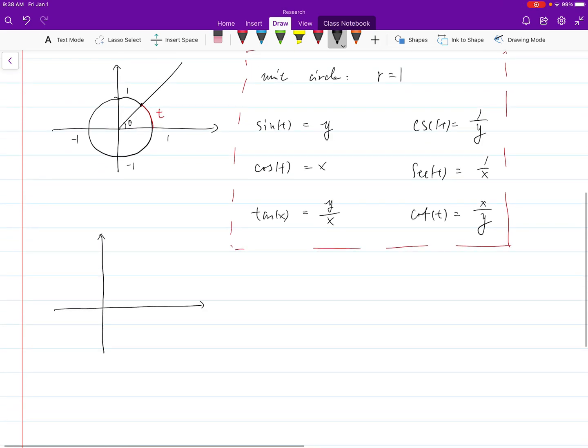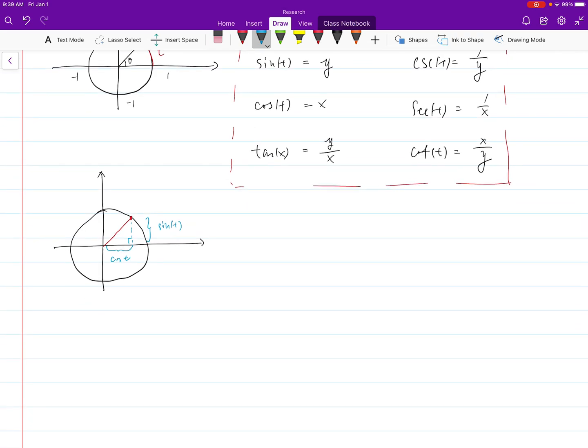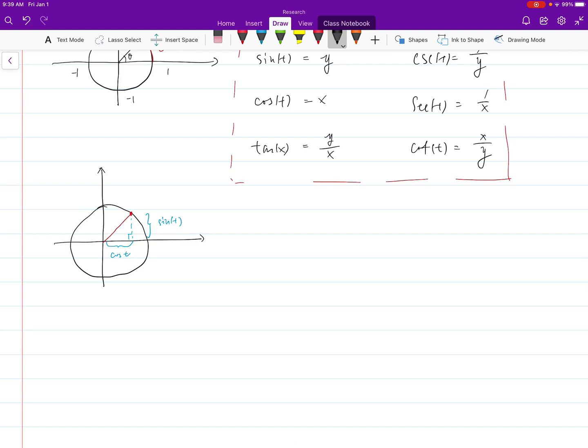To make it more careful, what we have here is if we draw a unit circle and we have a t, then this will be cosine if you do a right triangle. And this will be sine t, which is your x and y value.